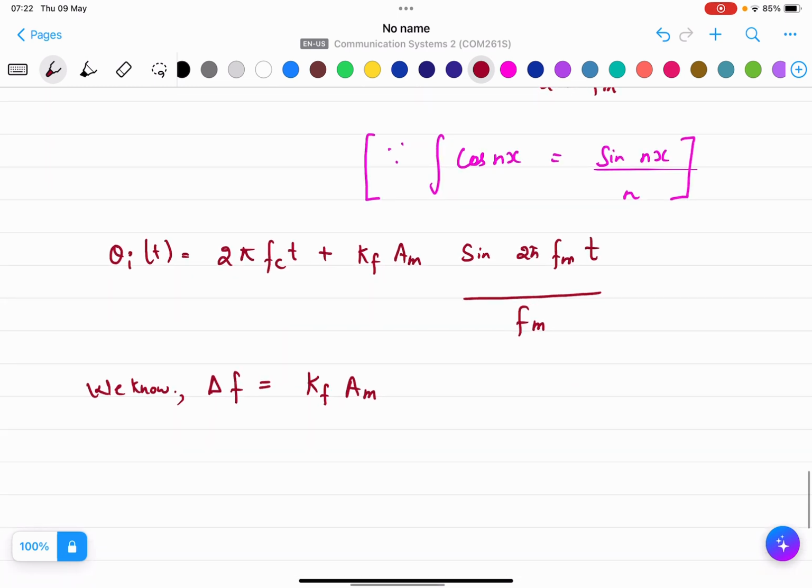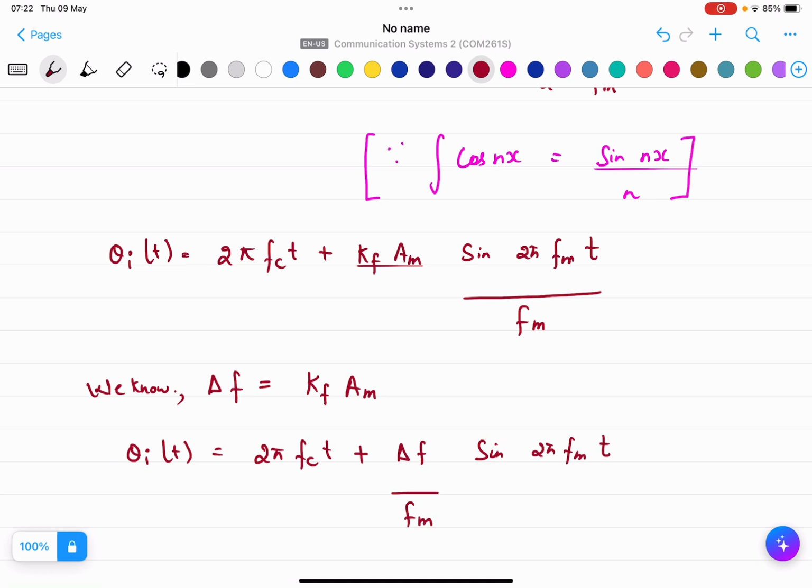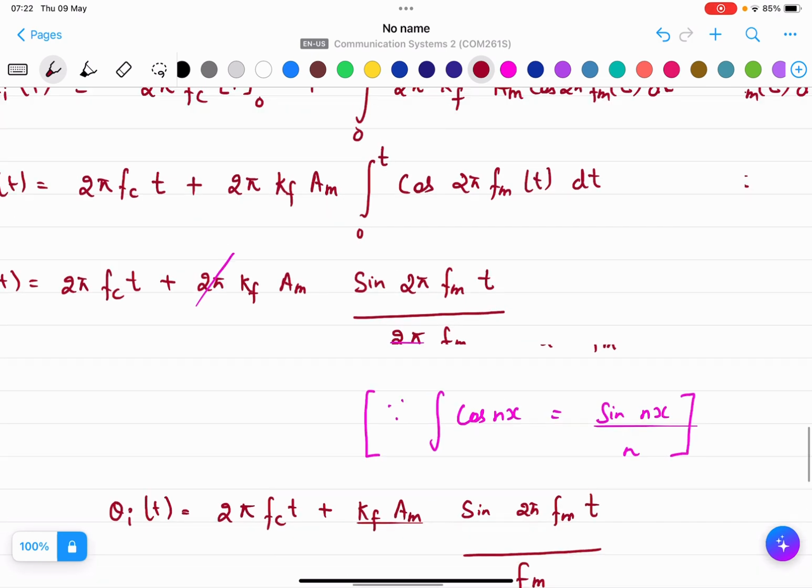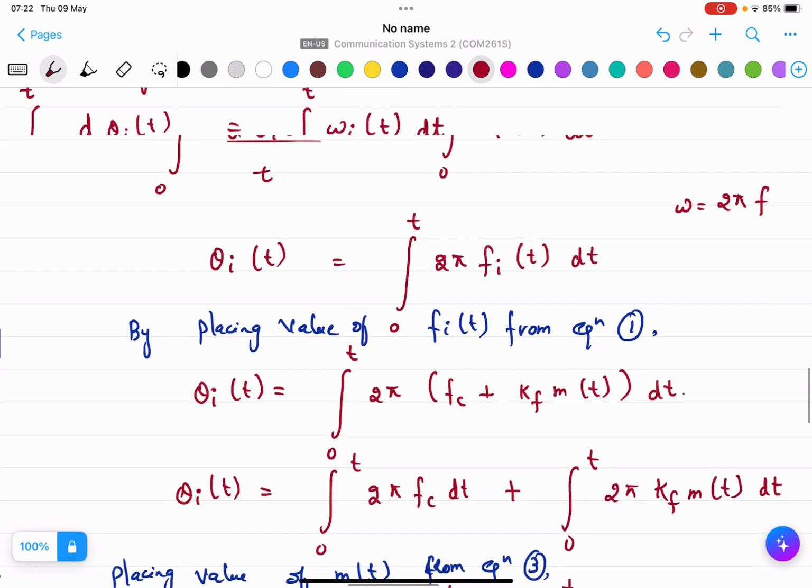So if delta frequency equals kf into am, I will just place the values here. So it will be theta i(t) equals 2 pi fc t plus delta f over fm sine 2 pi fm t, right? So this is the value of theta i(t).